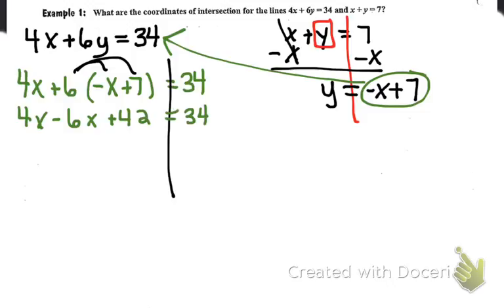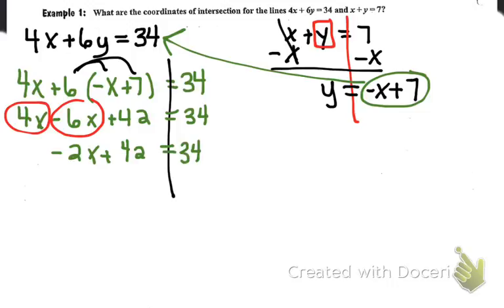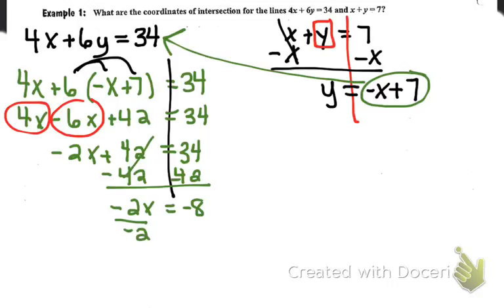Combine like terms. Our like terms are 4x and negative 6x. When I combine these like terms, I'll have negative 2x plus 42 equals 34. Subtract 42 from both sides to have negative 2x equals negative 8. And finally, divide both sides by negative 2, so x equals 4.